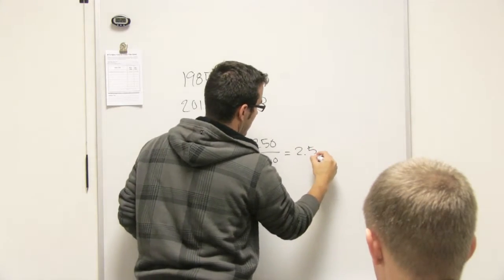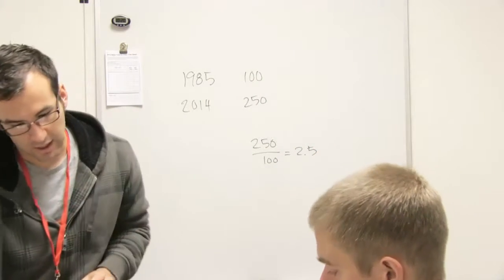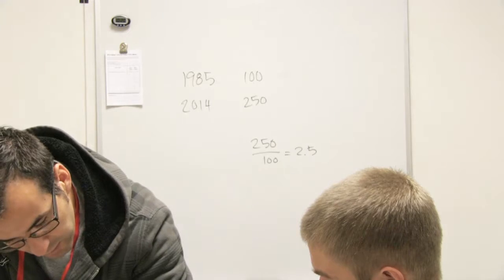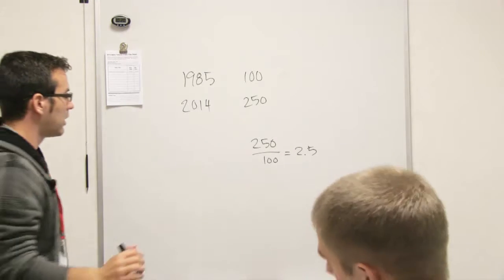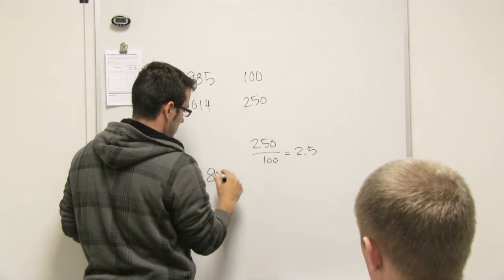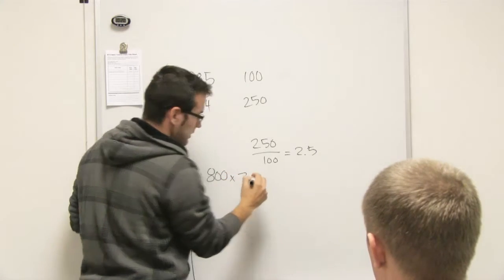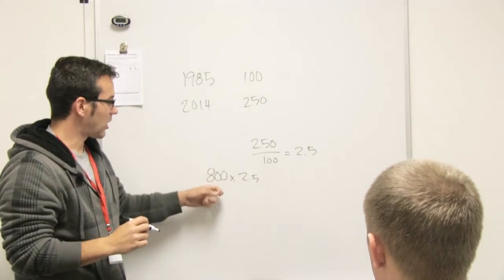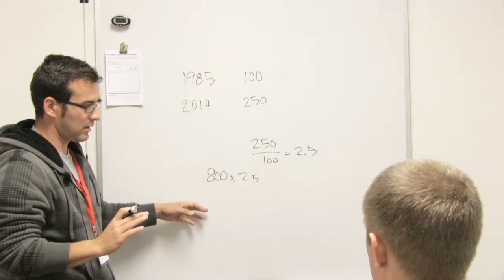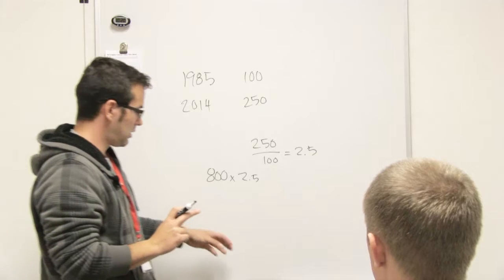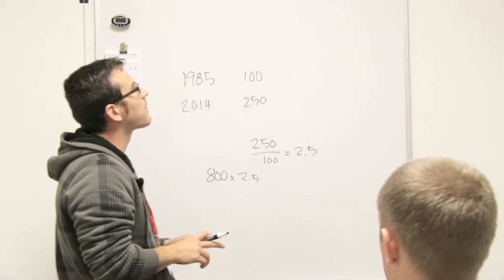So 2.5, right? So now you can compare them if you can convert this 800 into what it would have cost before, right? So you do 800 times 2.5. Wait, is that right?